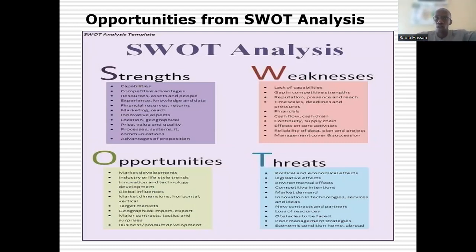So in doing this analysis, you start with yourself, you discover areas where you have strengths so that you capitalize on them. And then you look at areas where you have weaknesses so that you improve on them.